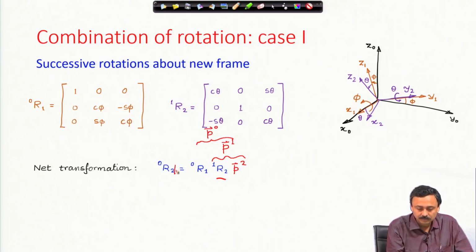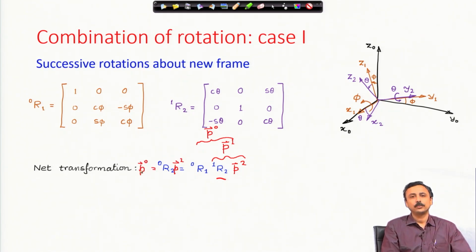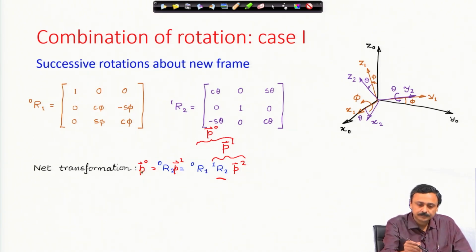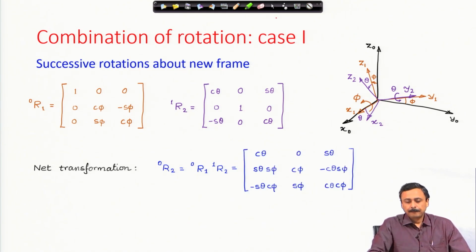So this is 2 and what I am going to get is p in frame 0. If you multiply these two matrices by the standard procedure of multiplication, you will get this matrix.